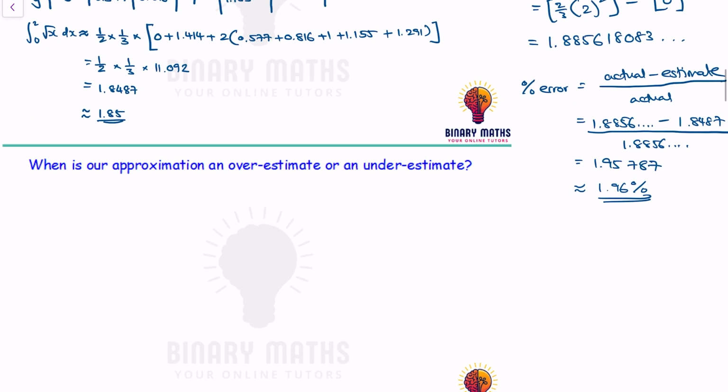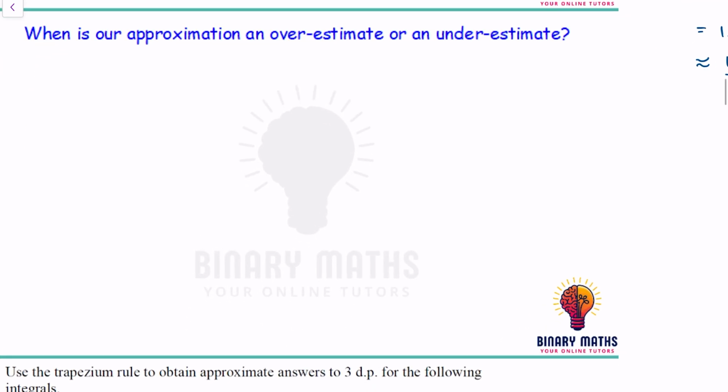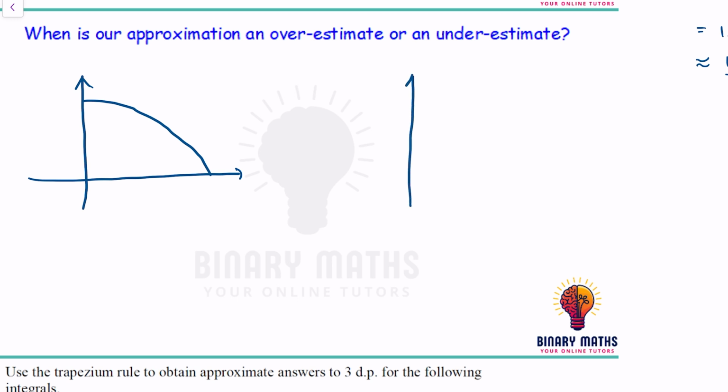So when is our approximation an overestimate or an underestimate? There are two different cases we need to consider. So when our function goes like this, or when our function goes like this.